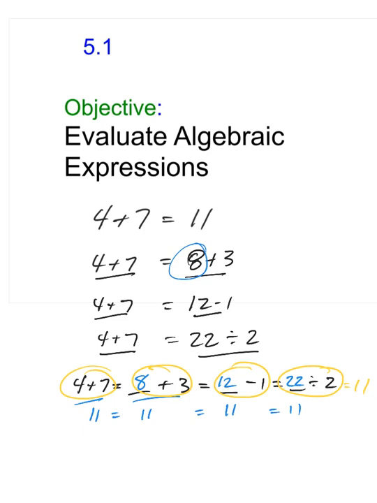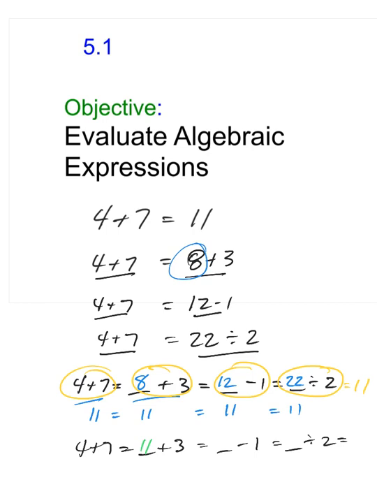So now think about that for a minute. When you look at your faces of equal, how does that change your answer? When you look at number 4, you should see that some of you may have made a mistake. Because many of you may have said, well, if I have 4 plus 7, and then blank plus 3 equals blank minus 1 equals blank divided by 2, some of you may have made the mistake of saying, well, that's going to be 11 plus 3.